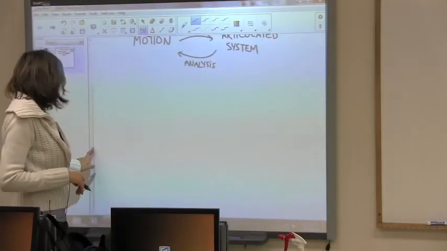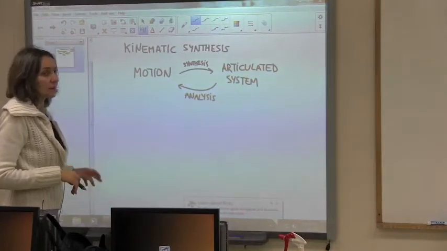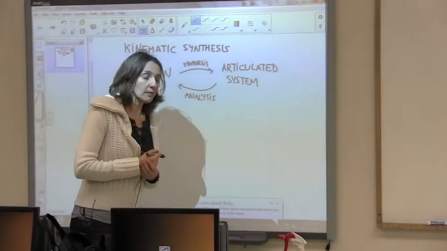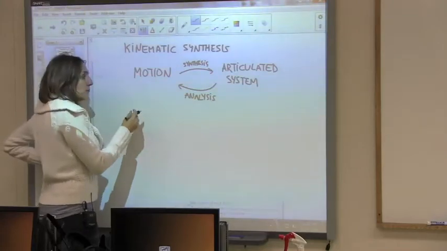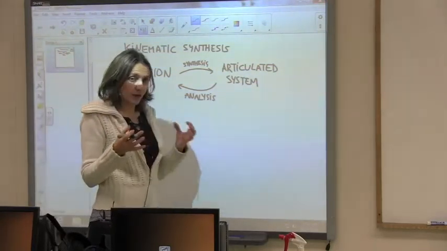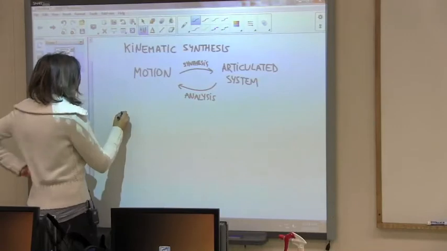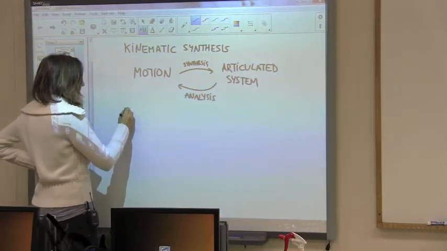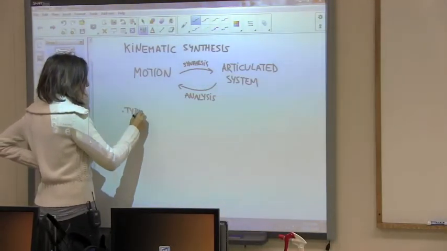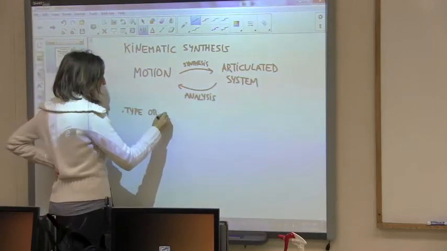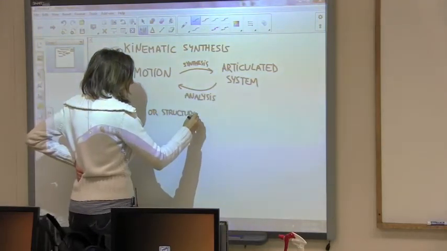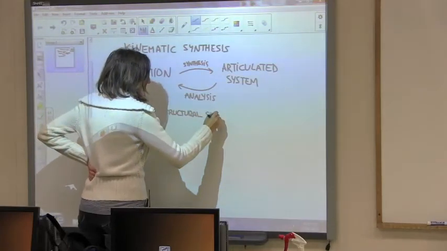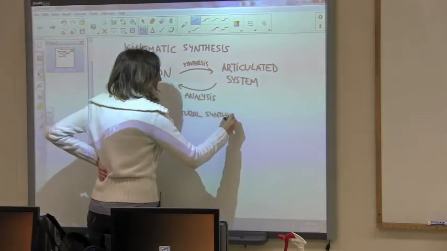So in the kinematic synthesis, there are many steps, right? As we said, you may want to know the basic topology that you can apply, right? And that's called the type or structural synthesis.